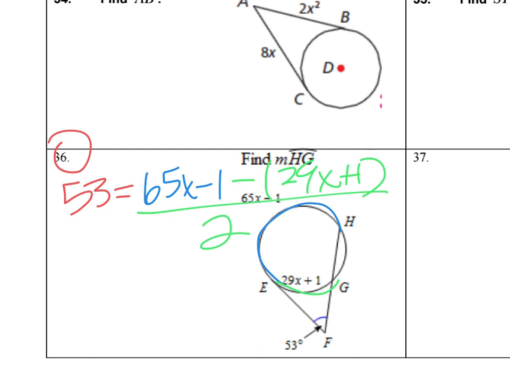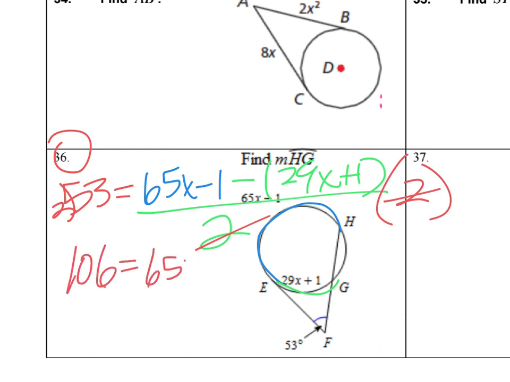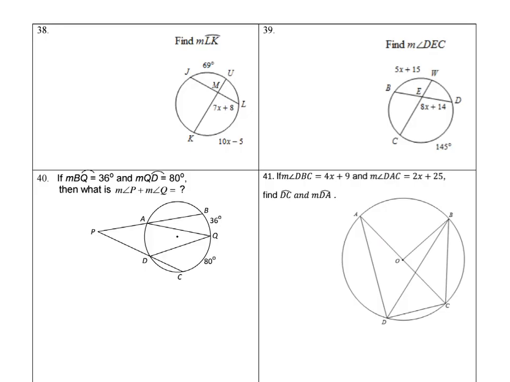So when you simplify that, first you're going to multiply everything by 2 to get rid of the division, which makes this 106 equals 65x minus 1 minus 29x plus 1. Now remember, when you're subtracting, that becomes minus 1. Alright, so from there, it's just a basic linear equation. You should be good to go.